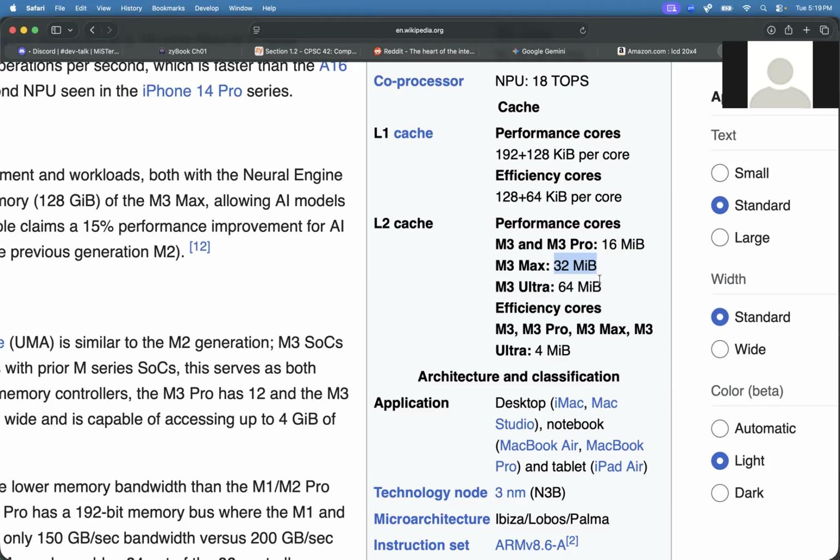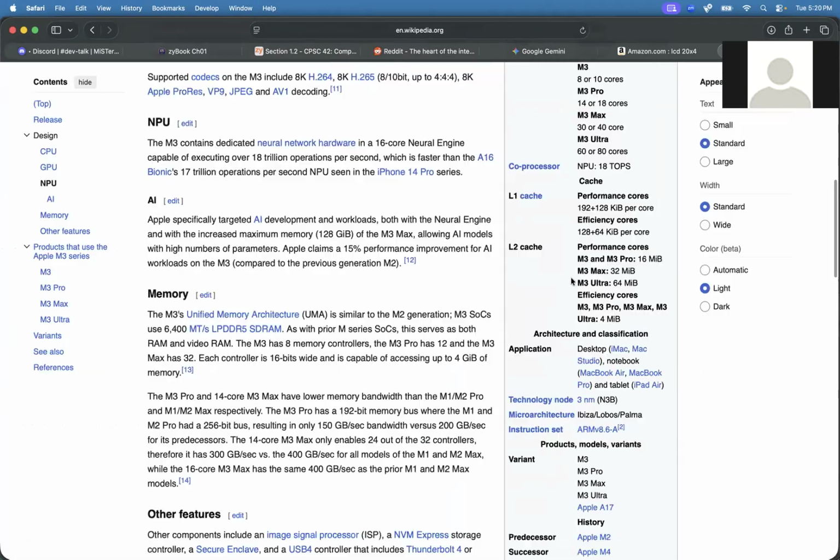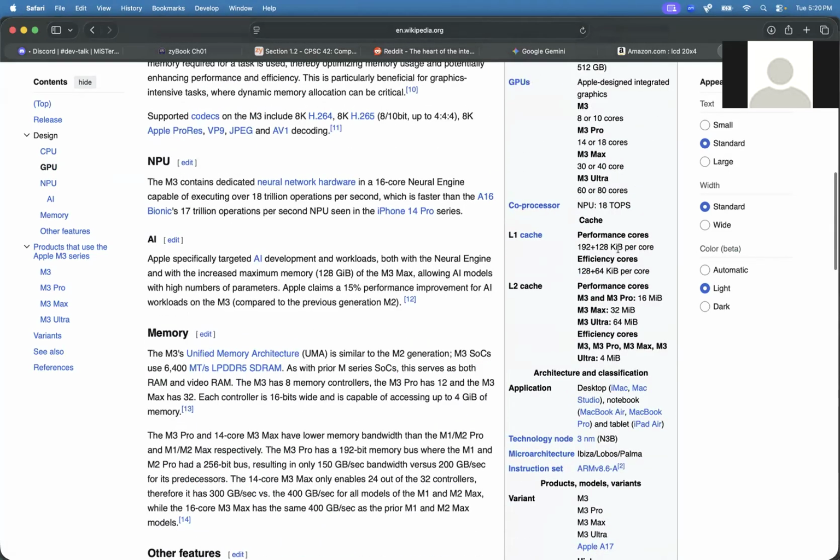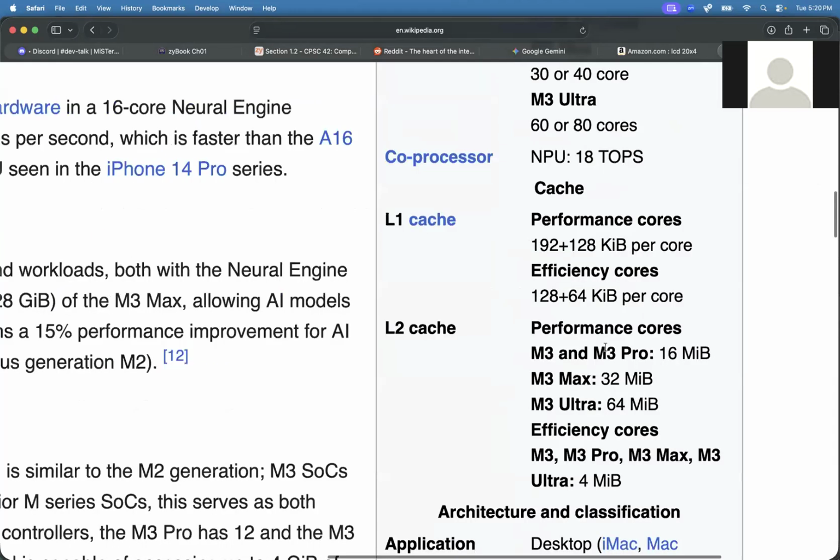Remember we were looking at the chart they showed us? I don't know if this is per core, or performance cores.